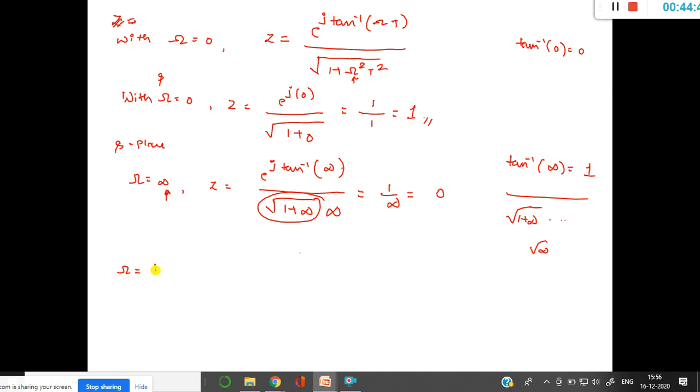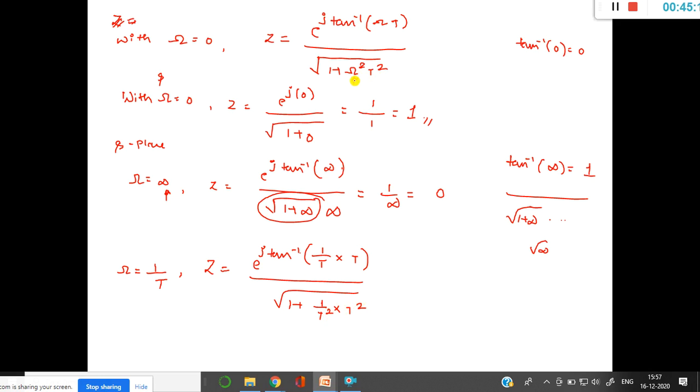And omega equal to 1 by t and minus 1 by t, I should check that. If you remember carefully, these are the different values that we have checked in the impulse invariance method also. And e to the power of j tan inverse of 1 by t into t, divided by 1 plus 1 by t square into t square, right?